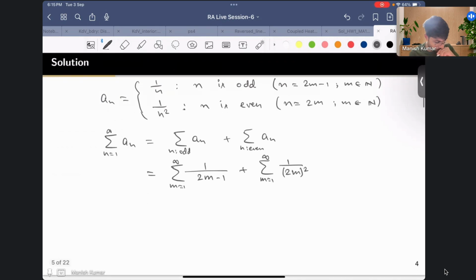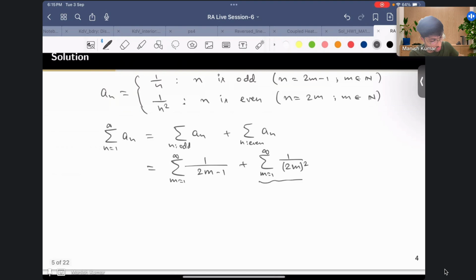So this, you know that this is finite, so if you want you can write it as 1 by 4m square. So you know that this 1 by m square is there, so this is finite, but this term is divergent, because this behaves like 1 by n. So this series, summation an, is divergent.